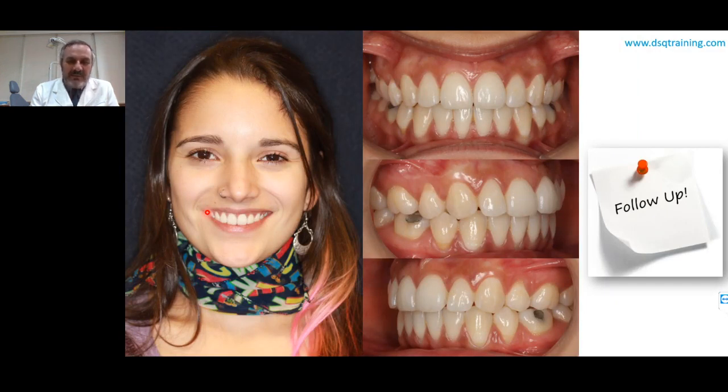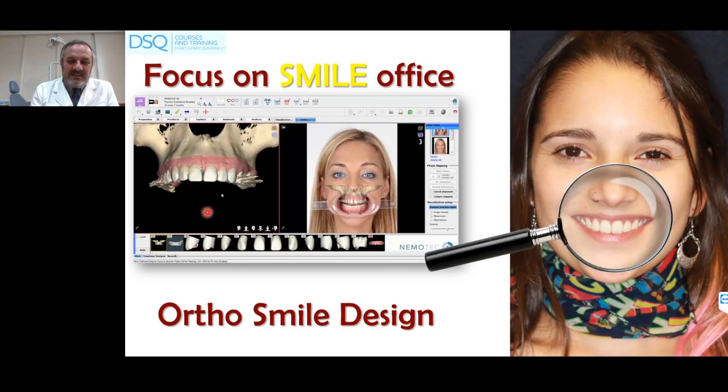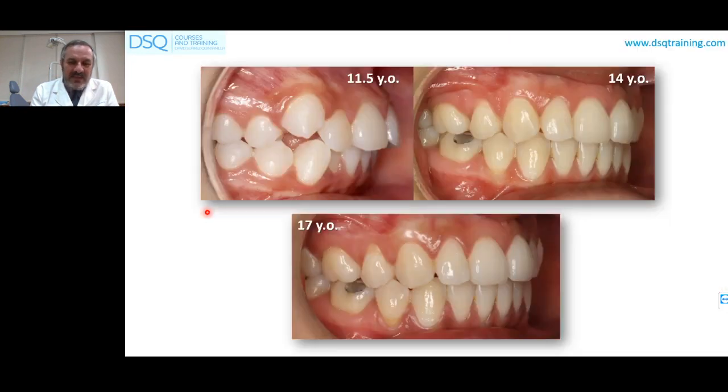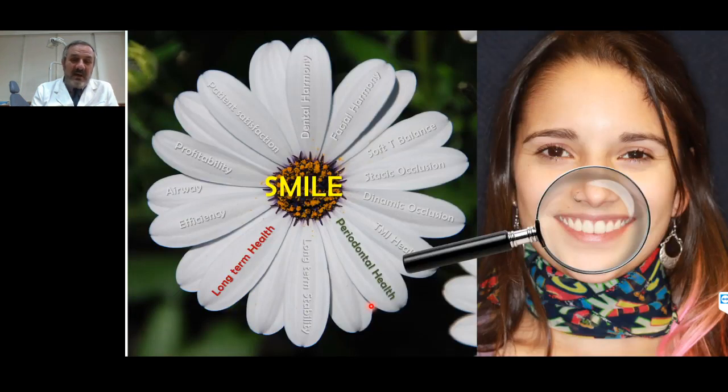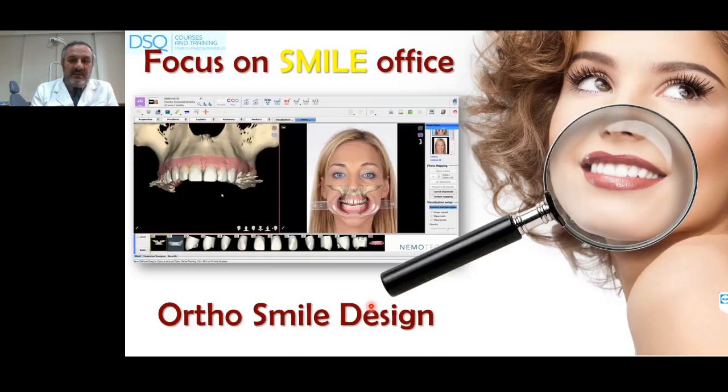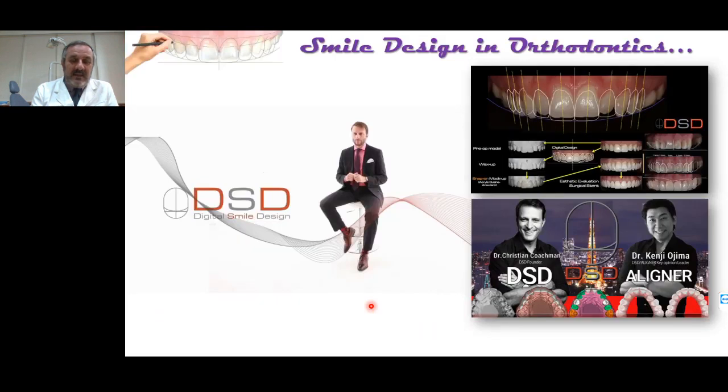The follow-up of the patient. Please check the problem of this patient. Check the gingival recession in the premolar area and the gingiva, even after finishing the treatment. For this reason, it's very important, and remember the long-term periodontal health of this patient.